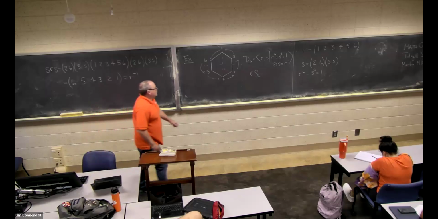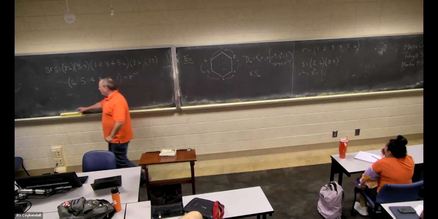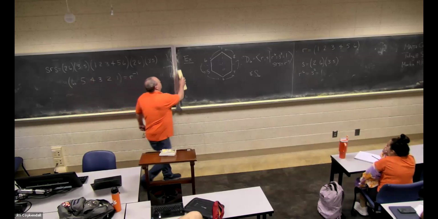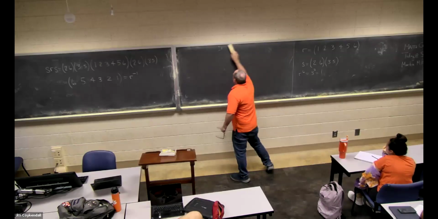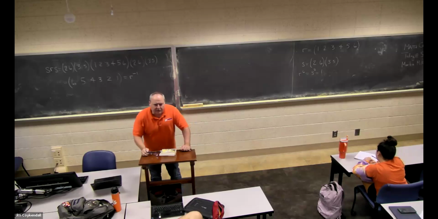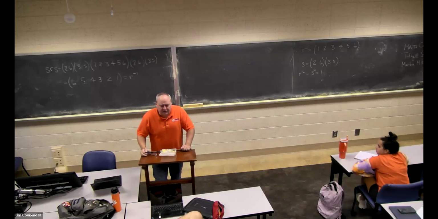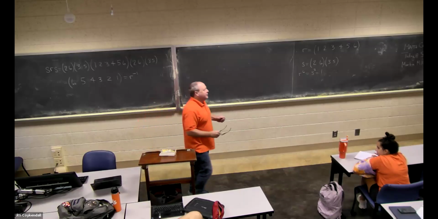Okay. I'm going to introduce you to this concept now. We're going to do more extensive work with this because this concept is basically the reason, one could argue, for talking about groups in the first place. Groups act on other sets.